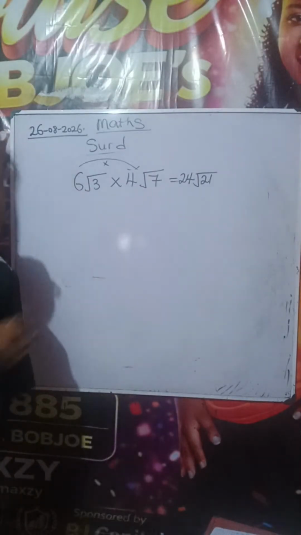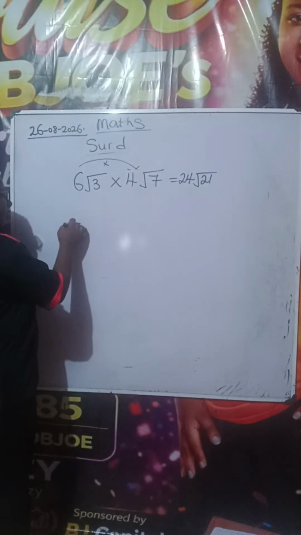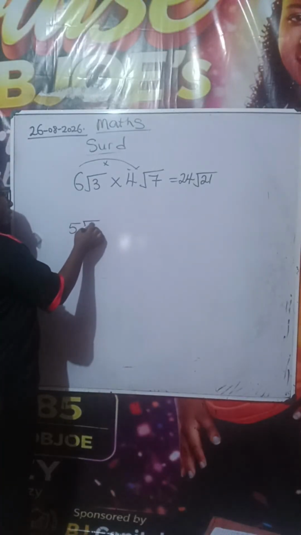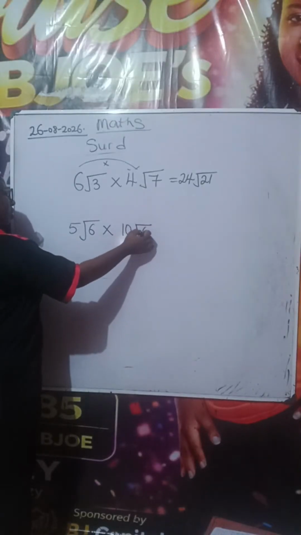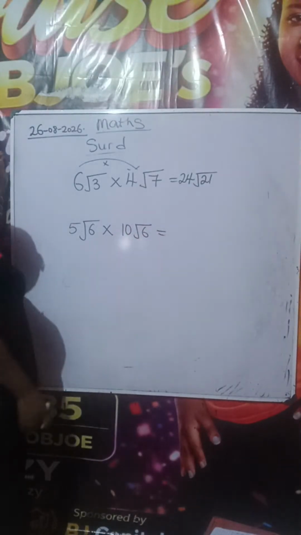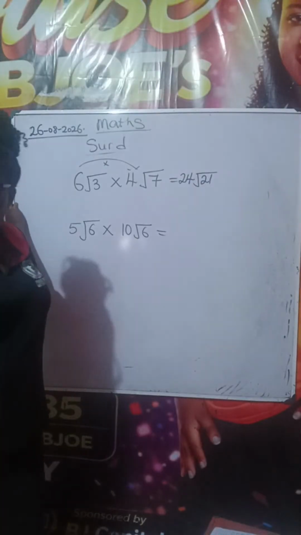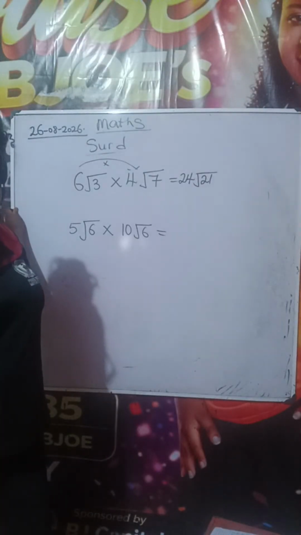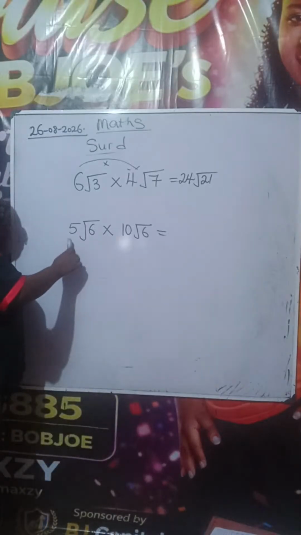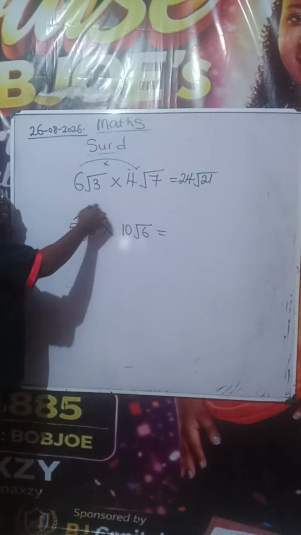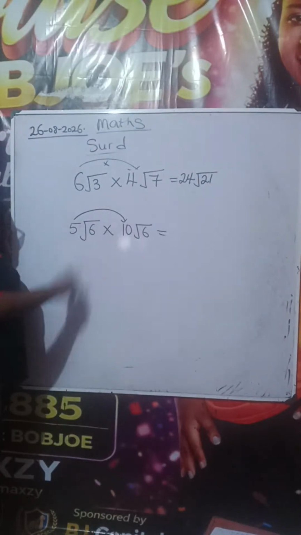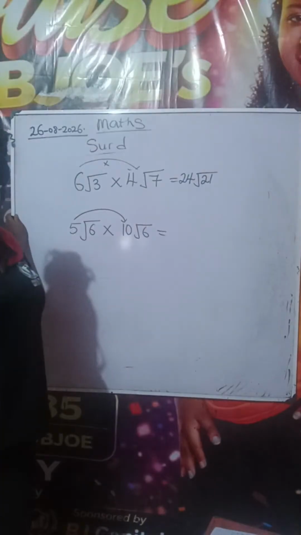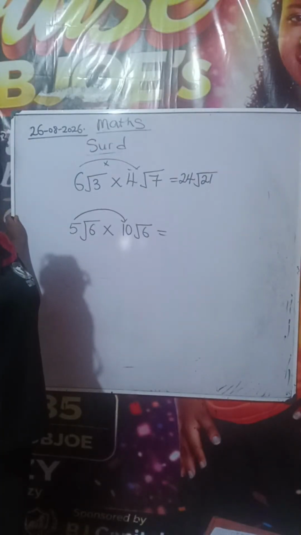Now let's try another one. Look at this one now. I have 5 root 6 multiplied by 10 root 6. We are going to multiply this one. So 5 times 10, the ones without root, we have 50.